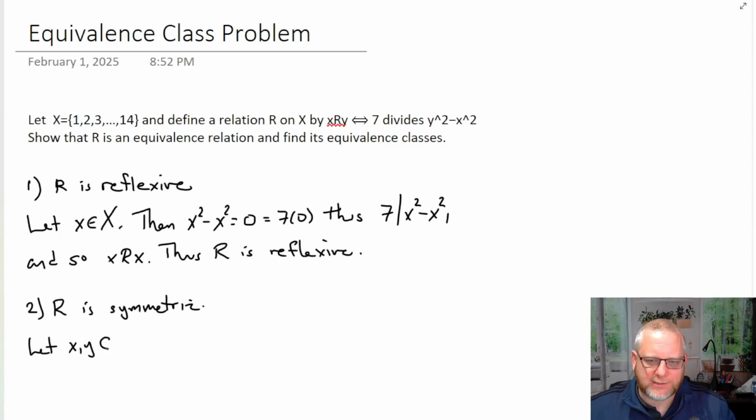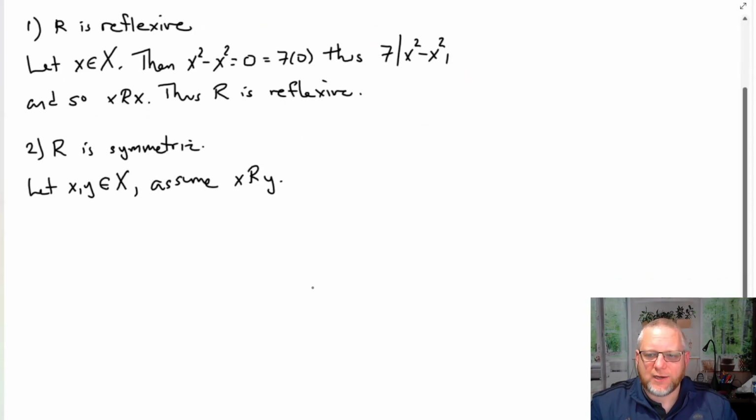I'll pick a lowercase x and y, both in the set X. I'm proving an if statement, and just like in every proof, we assume the if part. So we assume x is related to y. What I need to show to be symmetric is that y is related to x.